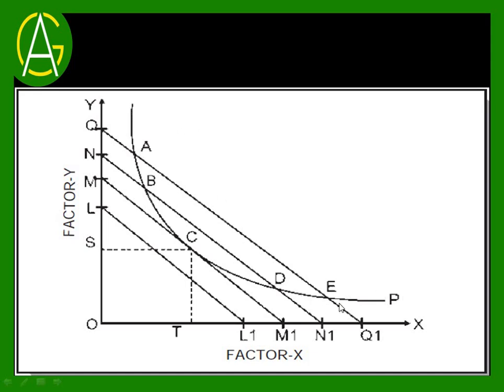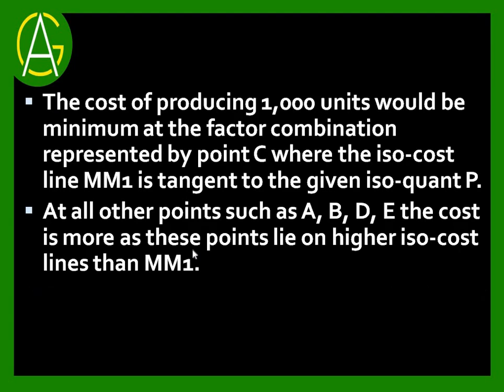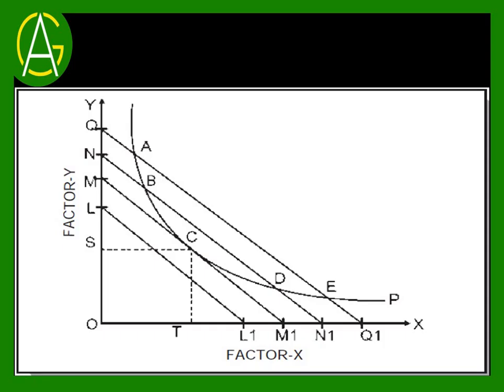This is the isoquant curve, and at that particular point where isoquant and iso cost are tangent, at point C, we can see this is point A. At point A the production will be 1000, but it is the highest cost. At point B, production will be 1000, but the cost is somewhat lower than that.